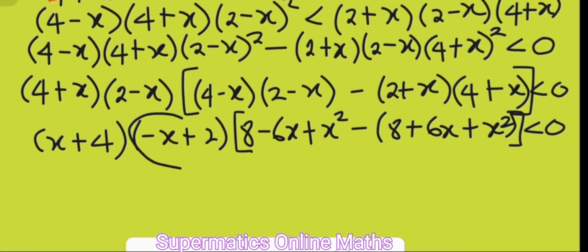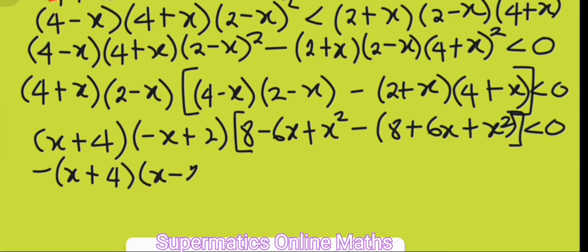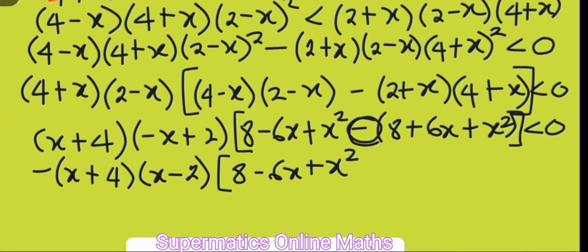Now from here we can factor the negative such that we have -(x + 4)(x - 2), having factored the negative, and in the big bracket we will be having 8 - 6x + x². Then using this minus to open up the bracket after it, we have -8 - 6x - x².